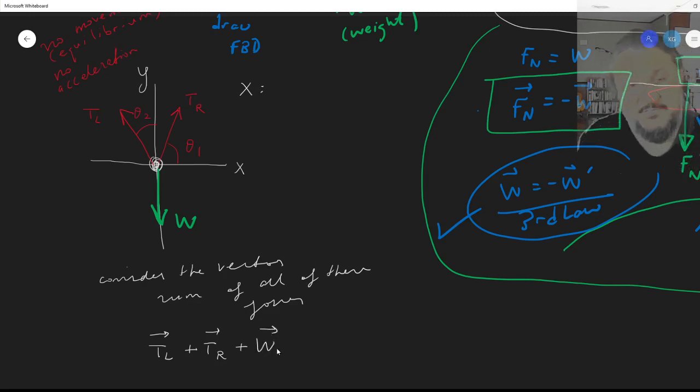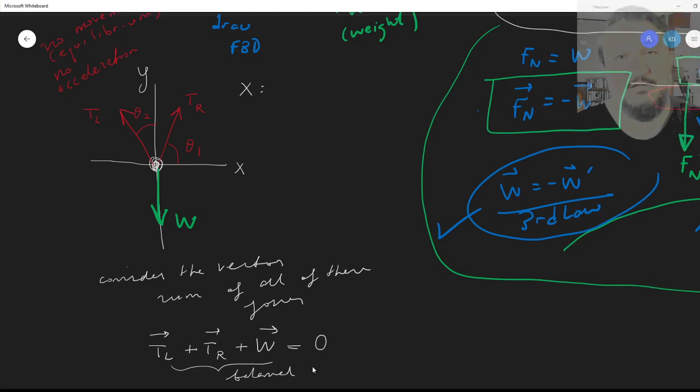If I write them like this, I'm talking about the vector sum. I'm adding all of them. What is this? That will determine whether it's in motion or in equilibrium or if it's accelerating. Since I already gave you the information, there is no acceleration here, there is no movement, there is equilibrium. This means that these forces are balanced.